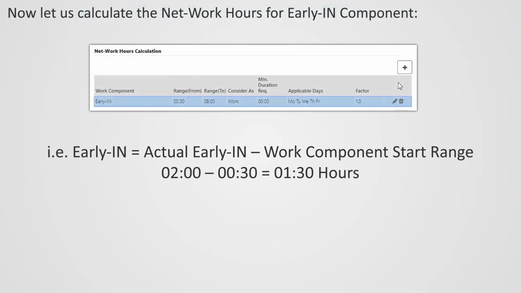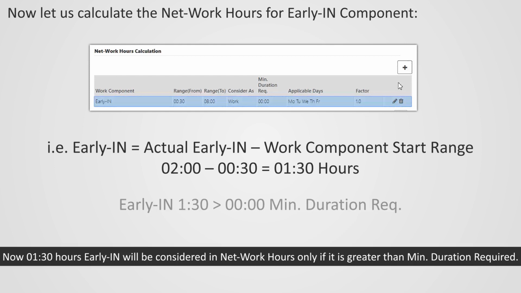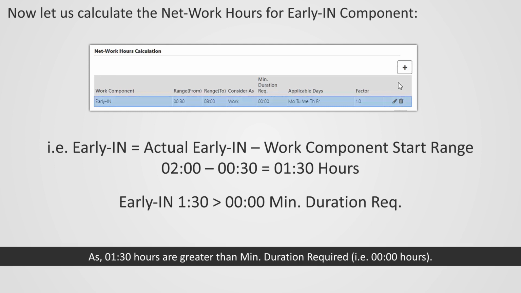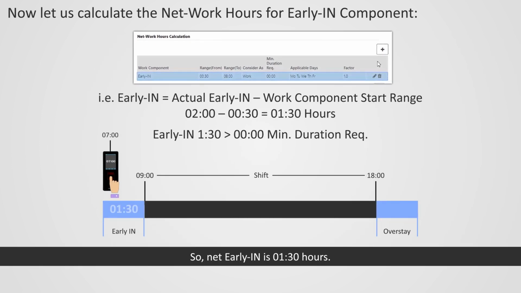That is, early in is equal to actual early in minus work component start range. 2 hours minus 30 minutes is equal to 1:30 hours. Now, 1:30 hours early in will be considered in network hours only if it is greater than minimum duration required. As 1:30 hours are greater than minimum duration required, that is 0 hours, net early in is 1:30 hours.